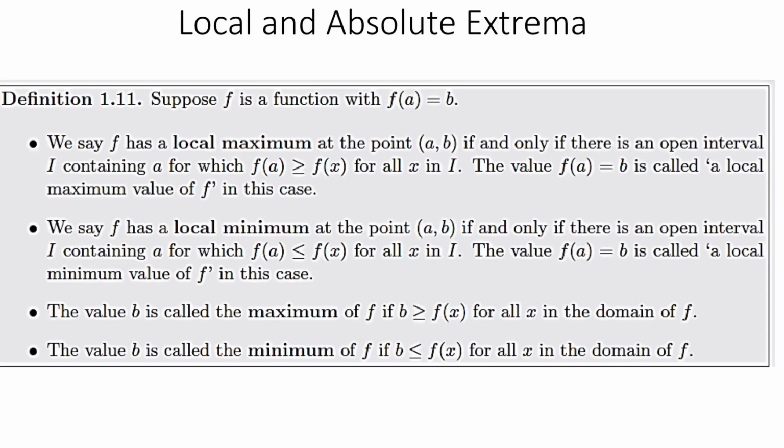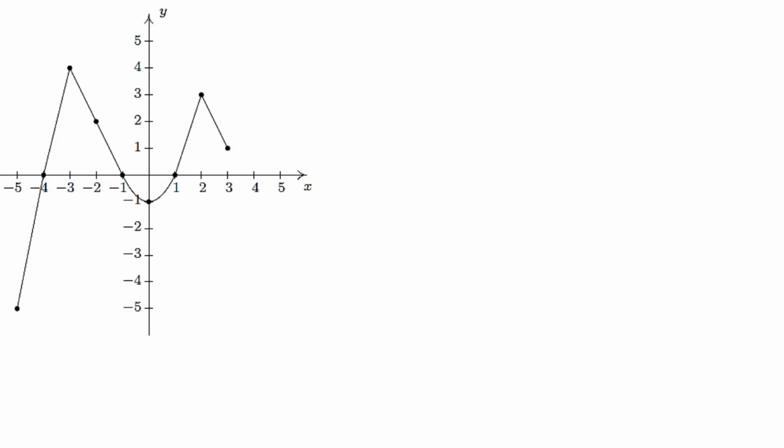All right, some more vocabulary here. We're going to talk about local and absolute extrema. First, we'll talk about a local maximum. On this graph here, there are two local maxima. Maxima is the plural of maximum, from Latin.